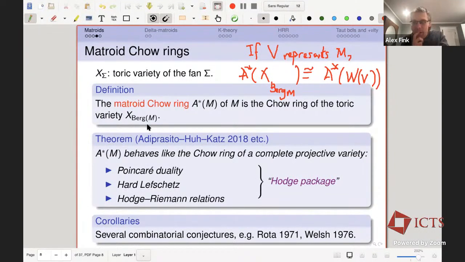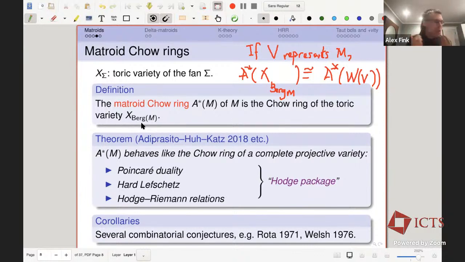That toric variety that you asked about will show up later, but at this point, yes, this is a non-complete toric variety, X Bergman of M. And so, given this definition, the theorem is interesting when M is representable and extremely interesting, revolutionary, when M is not representable.